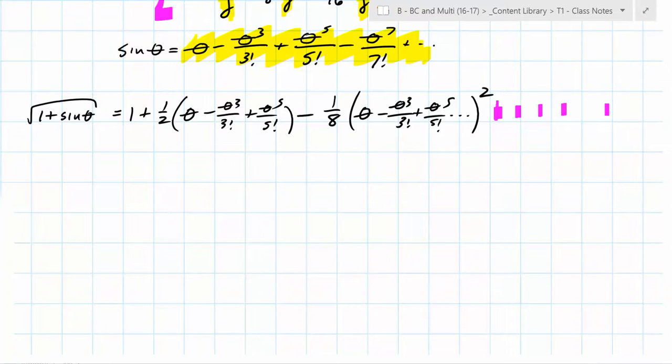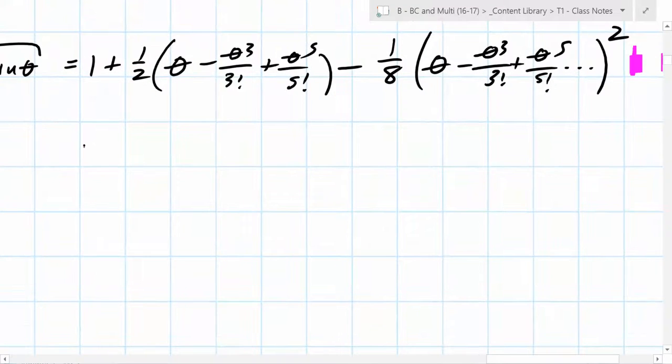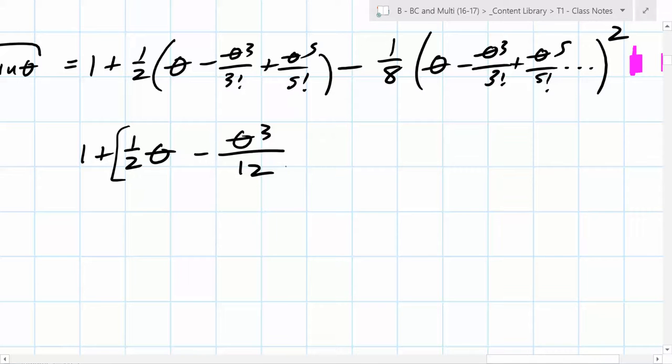If you want to do some of it, I'm not going to do all of it. What would you end up with? 1 plus 1/2 theta, right? Minus what? Theta cubed over 12, right? Plus what? Theta to the 5th over what?